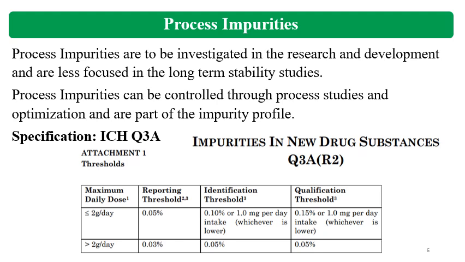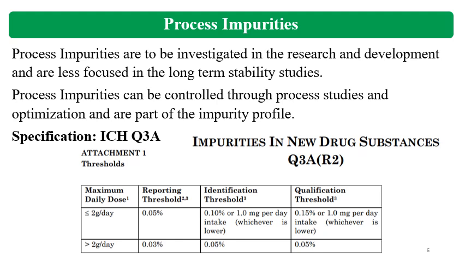The process impurities are to be investigated in the research and development phase and are less focused in the long-term stability studies of the drug substance and also the drug product. Process impurities can be controlled through the process studies and optimization, and these are the part of the impurity profile. You cannot say that it is a process impurity, so we will not include it in the impurity profiling.